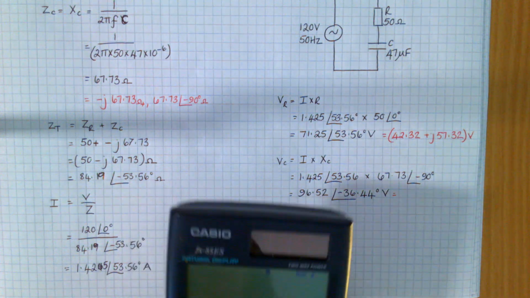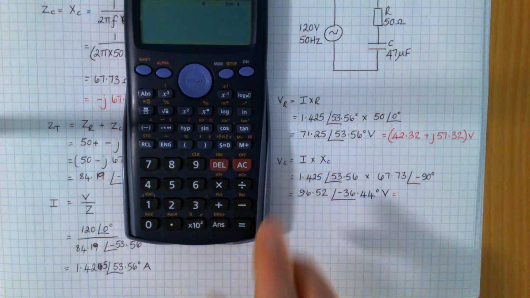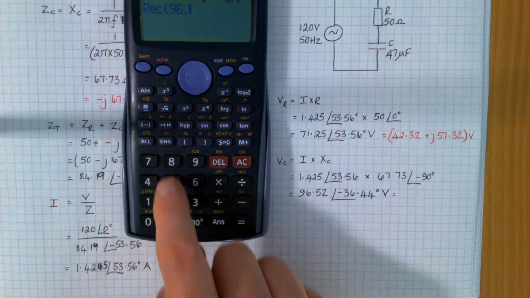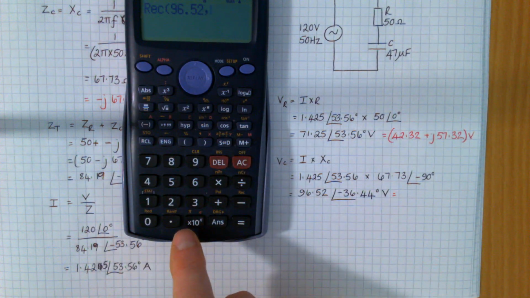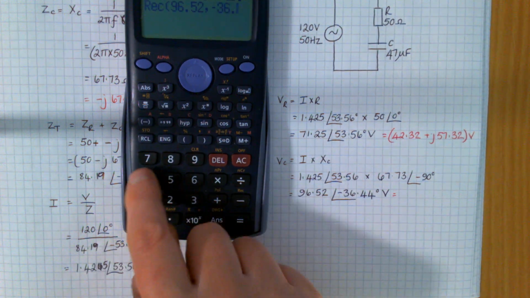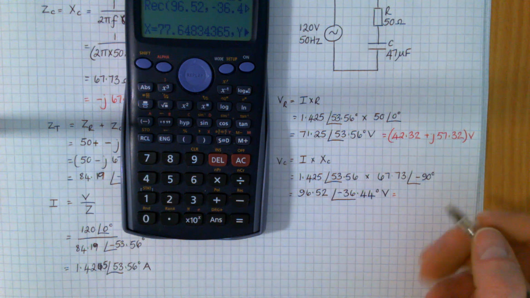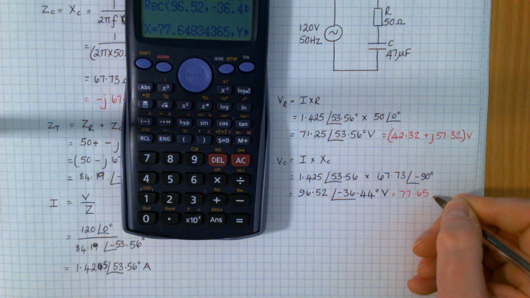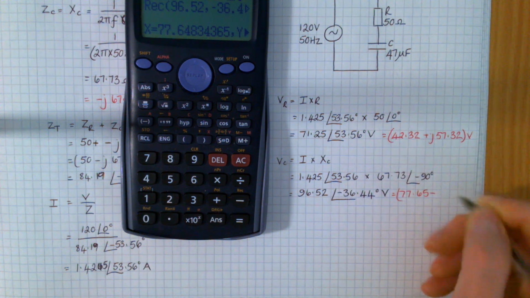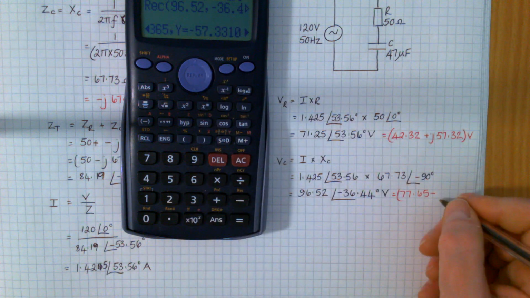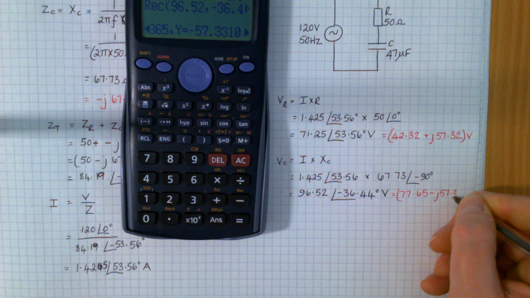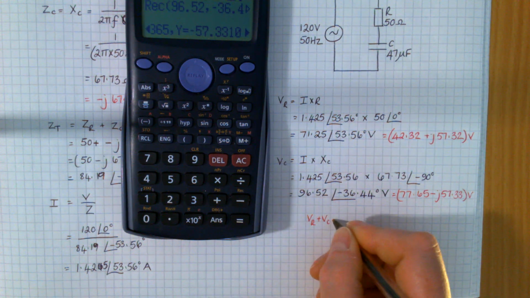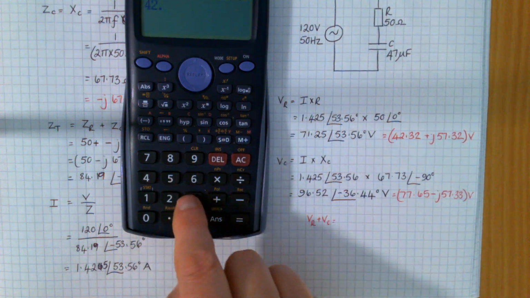And I'll convert this one as well. Put that in the middle. Going into rectangular form again. And I'll just add these up to check.